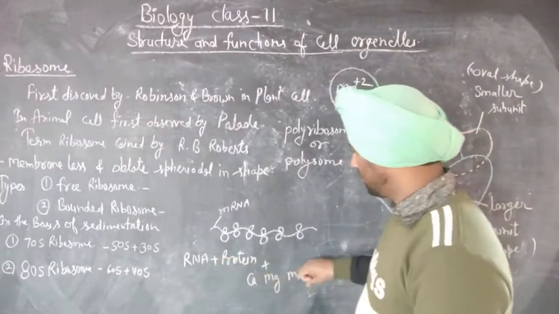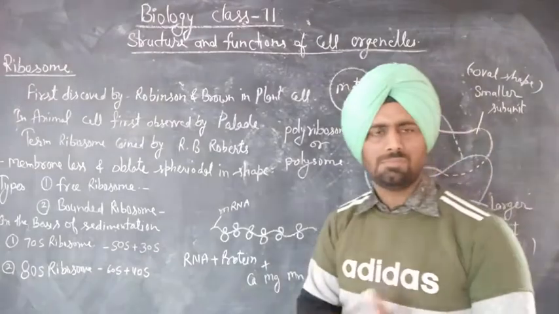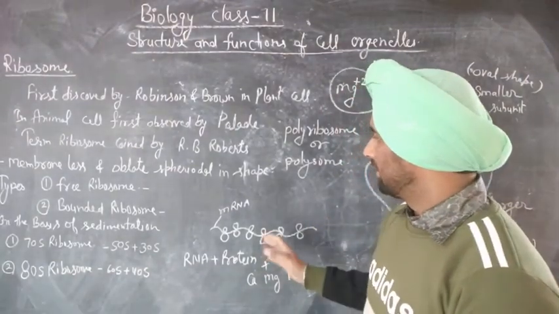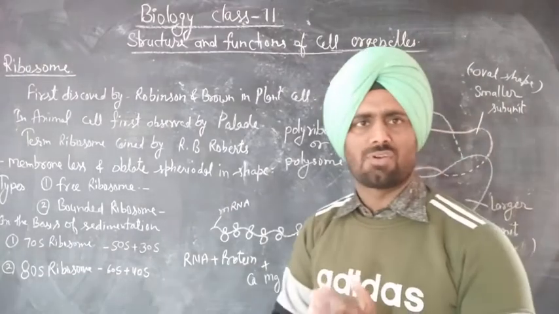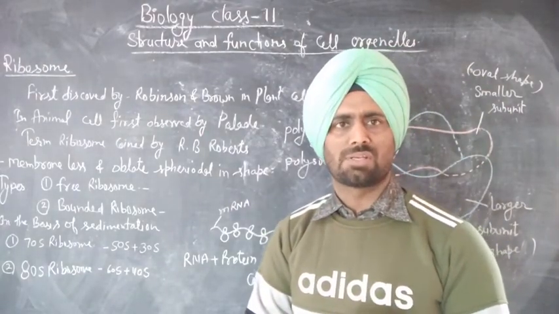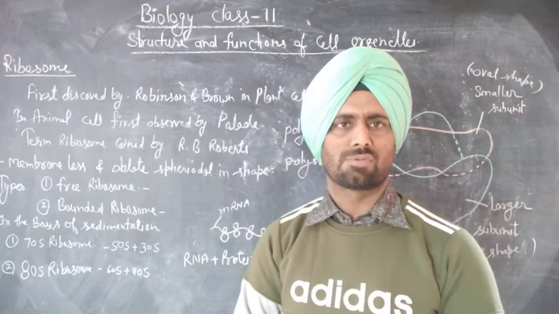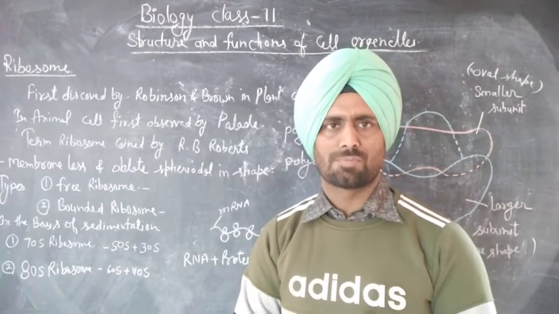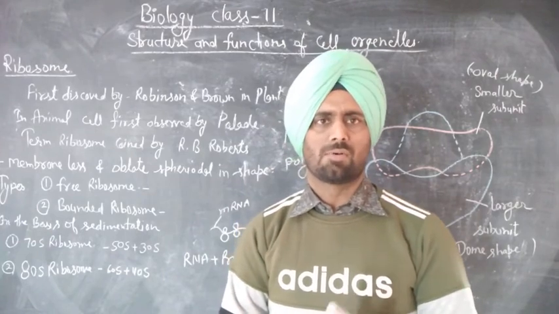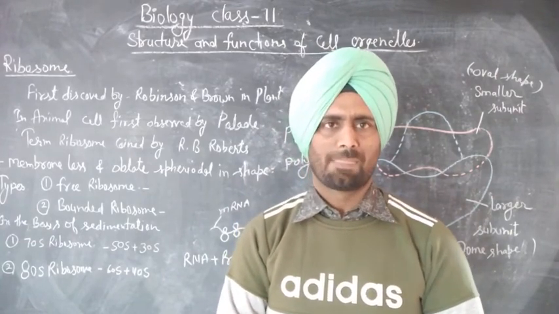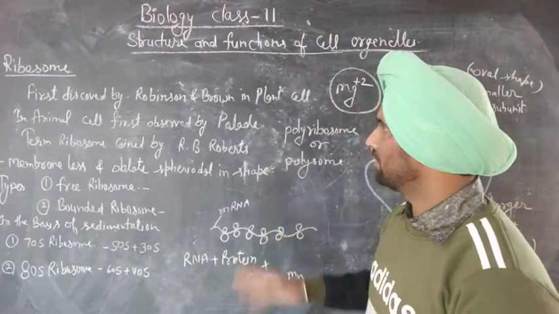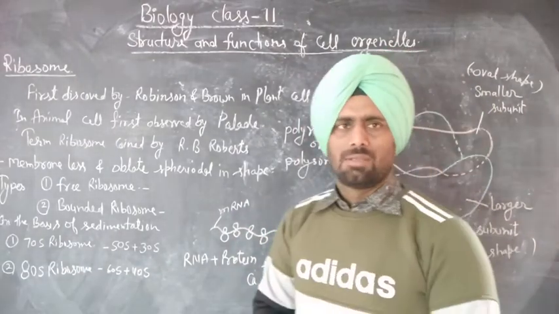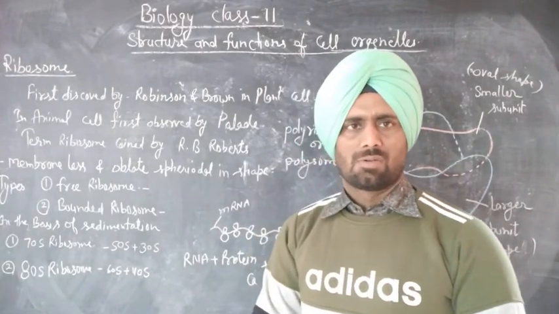These components together make ribosomes. The main and last function of ribosomes is protein synthesis. Ribosomes are involved in protein synthesis. So this is all about the ribosomes and the cell organelles. Okay, thank you.